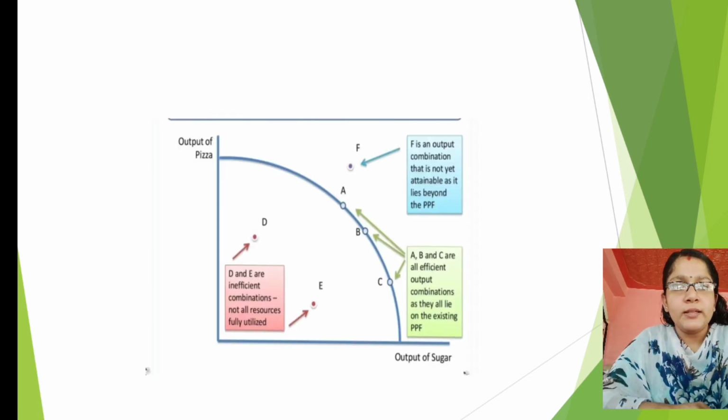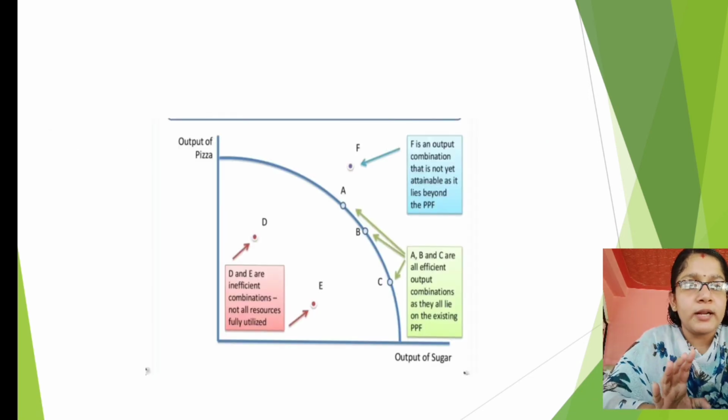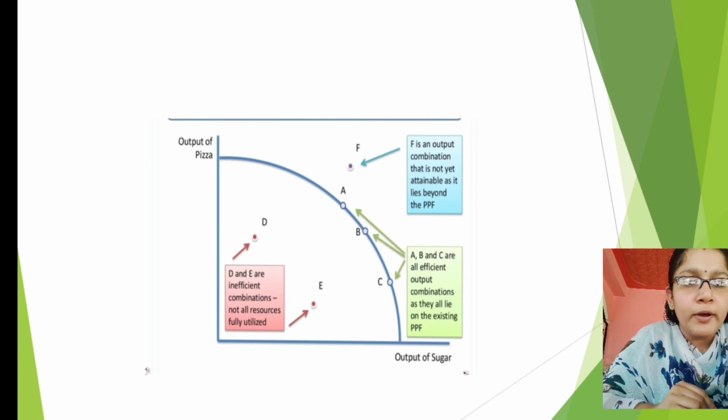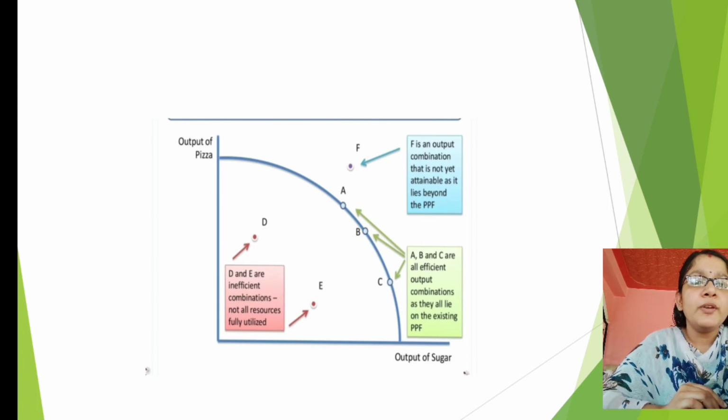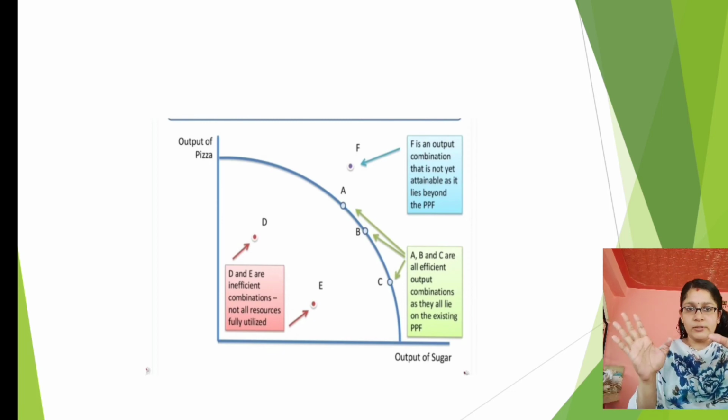Look here, this is a production possibility curve. There are so many points I plotted. The points A, B, C are lying on the production possibility curve, which means they are the efficient output combinations which we can produce by using these technologies or resources.